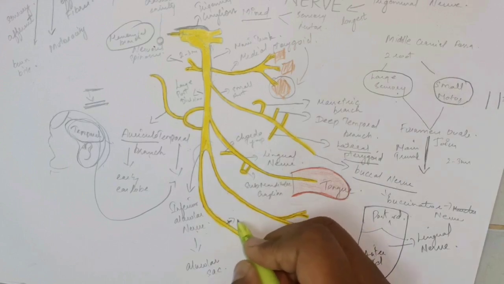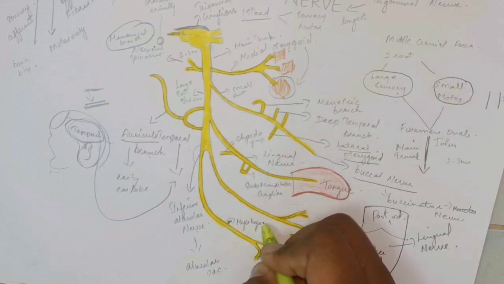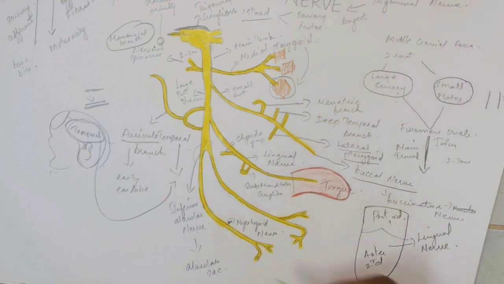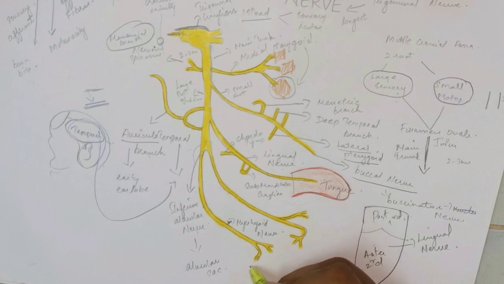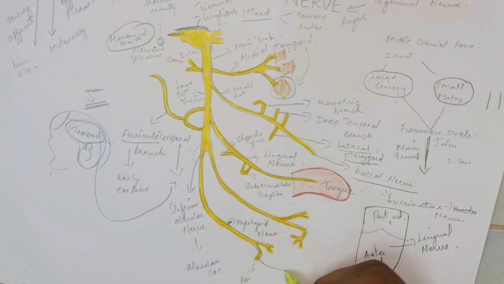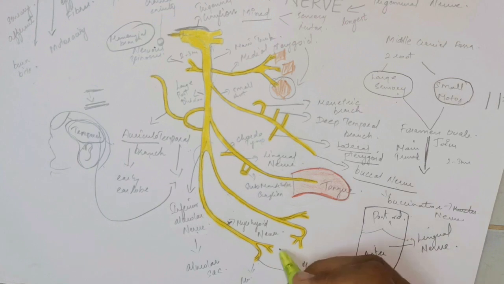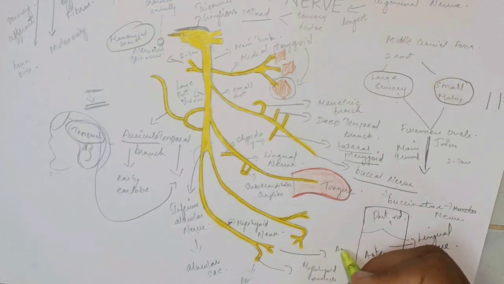This is your mylohyoid nerve. It further divides into the nerve to mylohyoid, which supplies the mylohyoid muscle, and the other small terminal branch supplies the anterior belly of digastric.